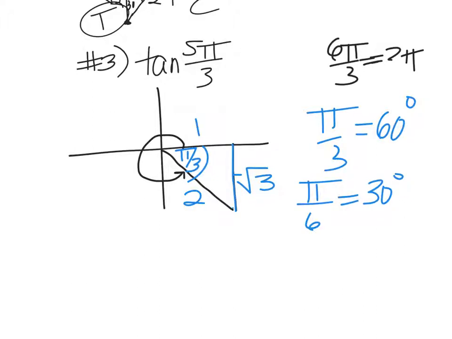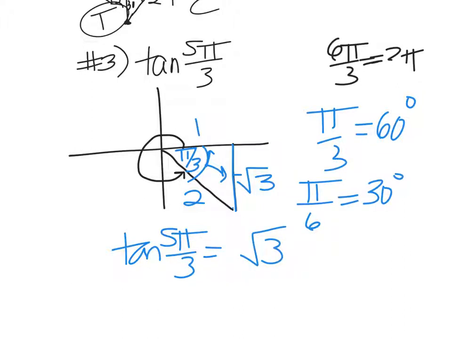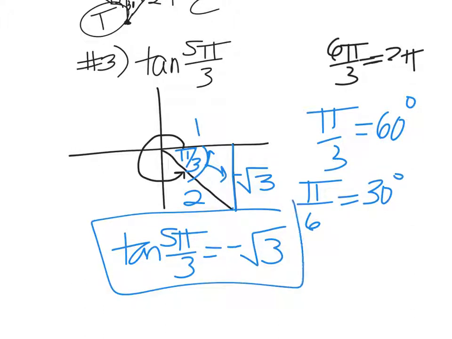It's a negative side. So when I evaluate the tangent of 5 pi over 3, I would do opposite over adjacent. And if you forgot to put the negative symbol, you would write rad 3, which is not going to be right. But know that you're in quadrant 4, and tangent's always negative in quadrant 4. And that would be your answer.